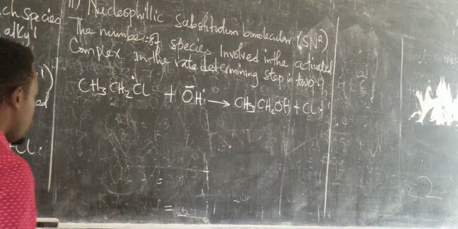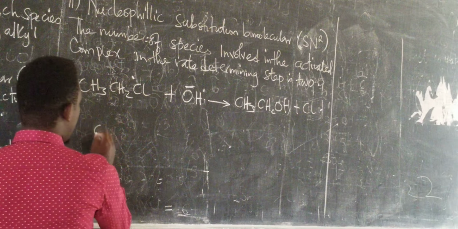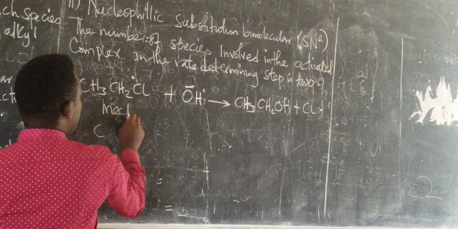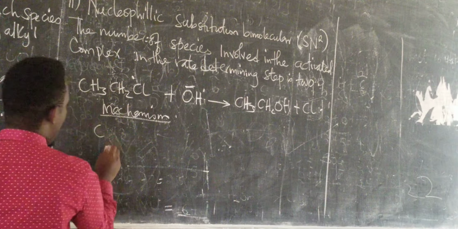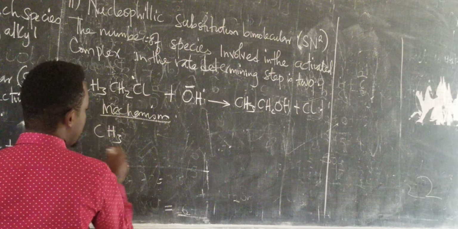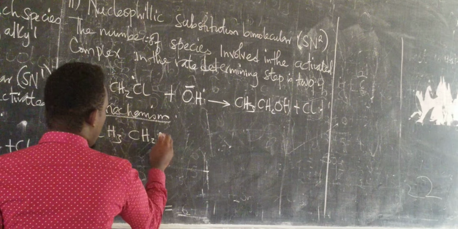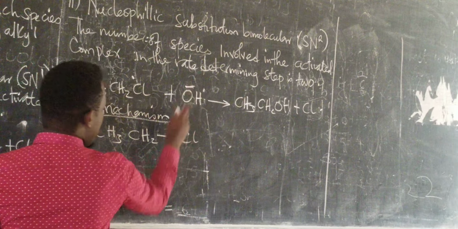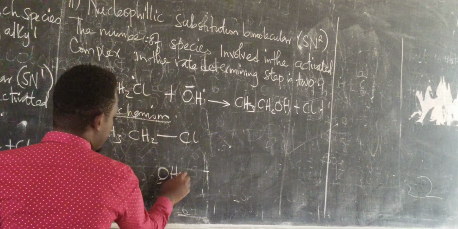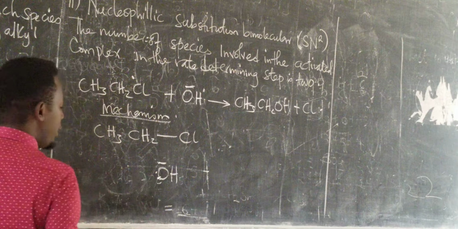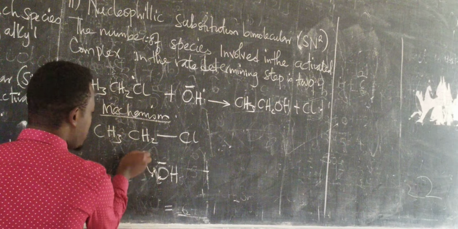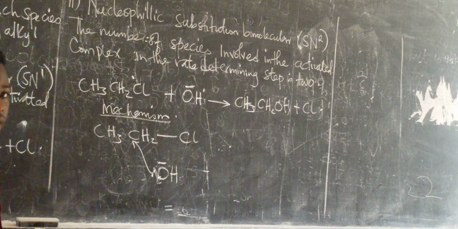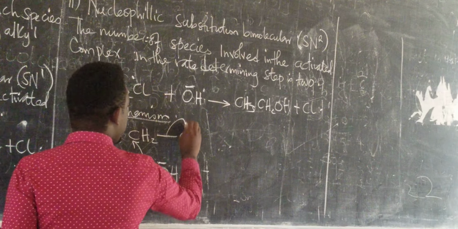Let me show you what I'm talking about. If you are going to look at the mechanism, you are having CH3CH2Cl. The OH attacks first. Remember, OH is our nucleophile. It has lone pairs, so the lone pairs will come to attack the carbon with the functional group, then the chloride will break off.